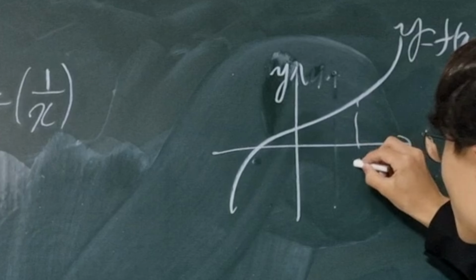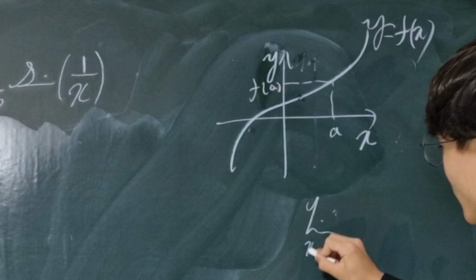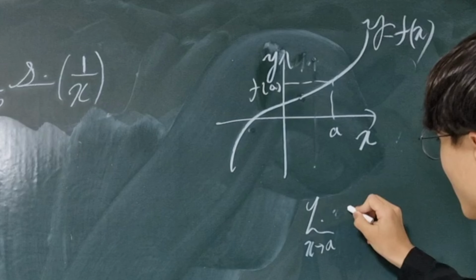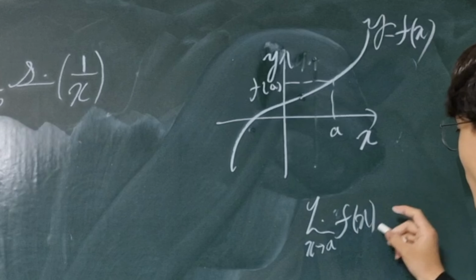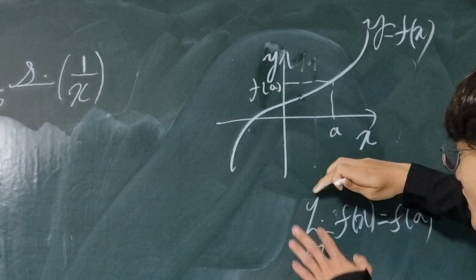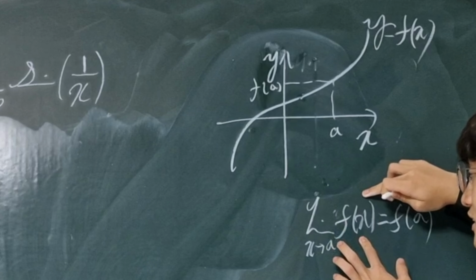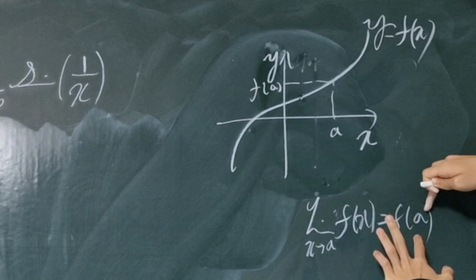And let's say this point is a and this point is f(a). Then I can write this as the limit of f of x as x approaches a is equal to f of a.